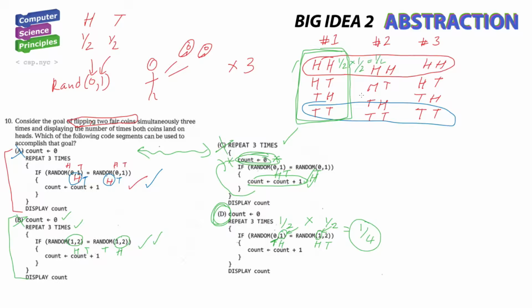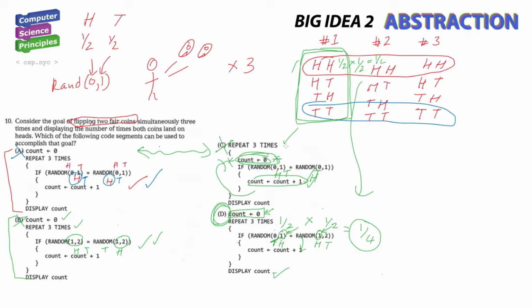And so this simulation over here actually is working out, because this is a 1/4 chance and then add 1 to the count, and that count isn't being set to 0 because this block right here is not inside the repeat. It's only set to 0 right at the start, and then it repeats the stuff inside 3 times, which includes increasing the count if these two things are the same, and then display count at the end. So D is our answer.